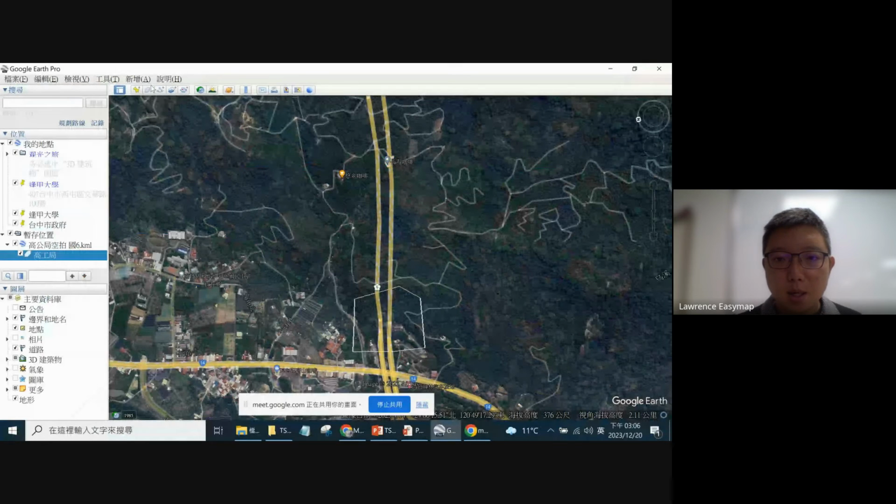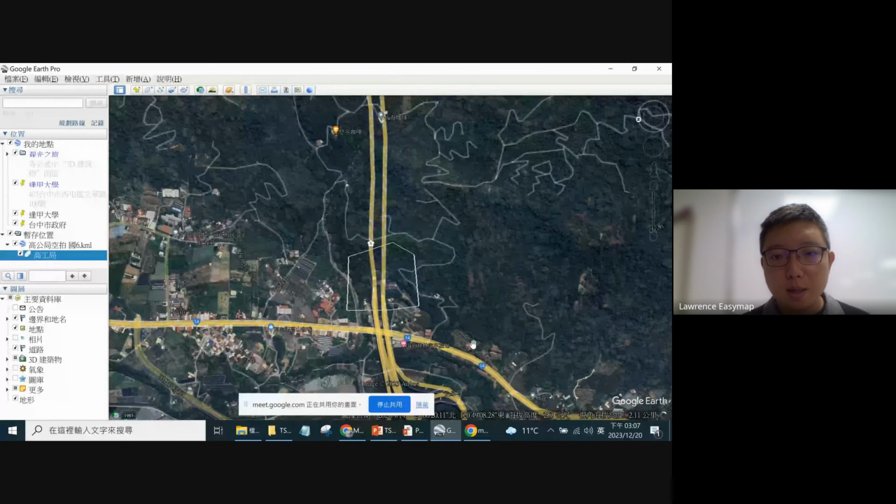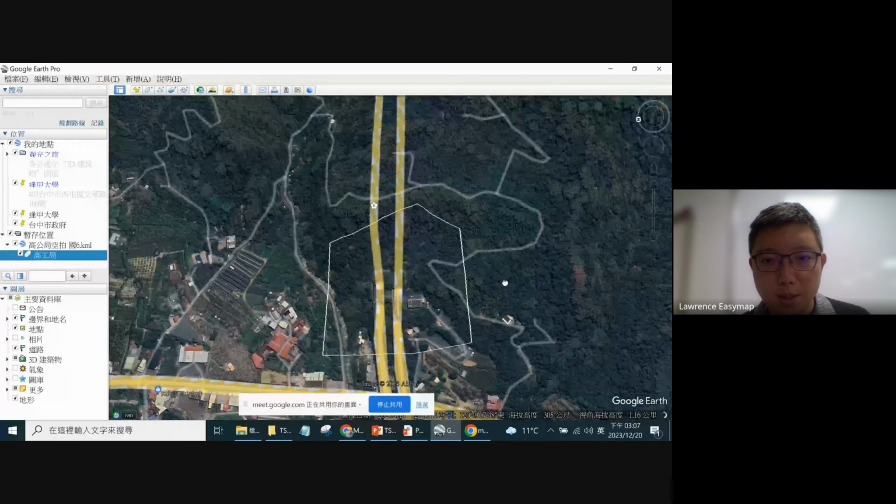Okay, so can you see the Google Earth here? So I draw the boundary on the Earth, and I can see it is like a hexagon area, and I can see what I'm going to face here.